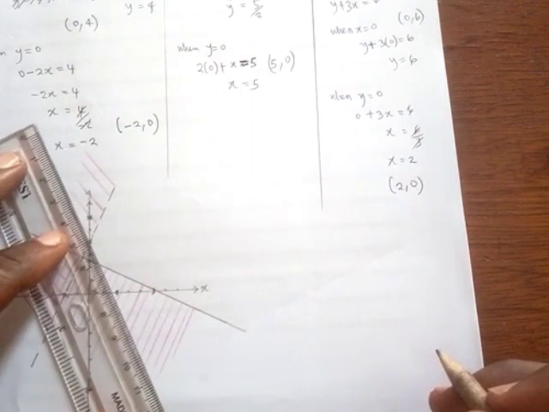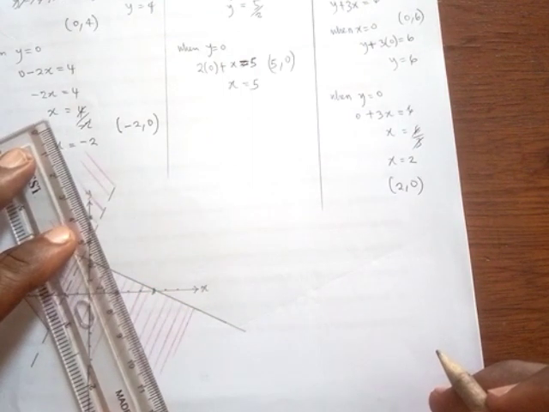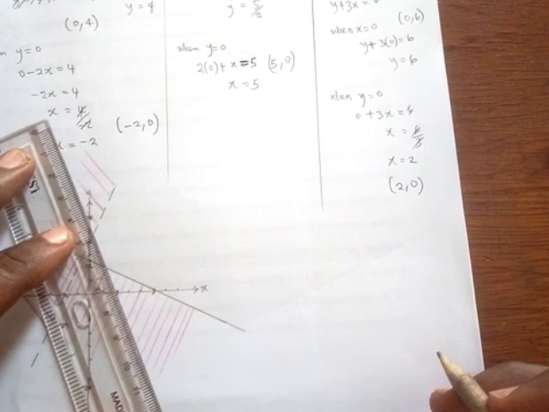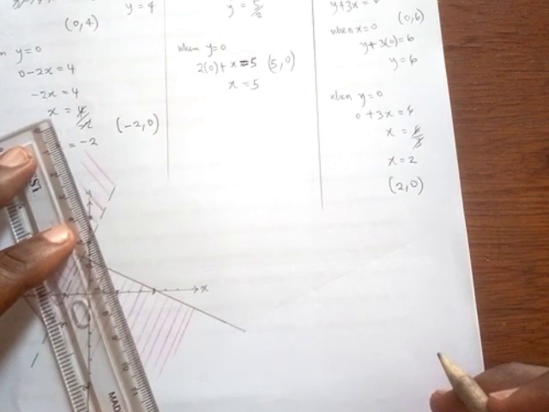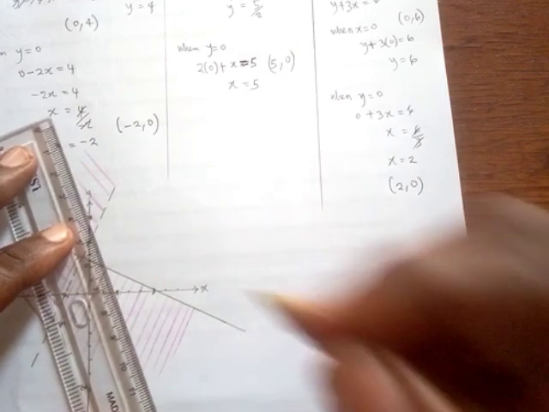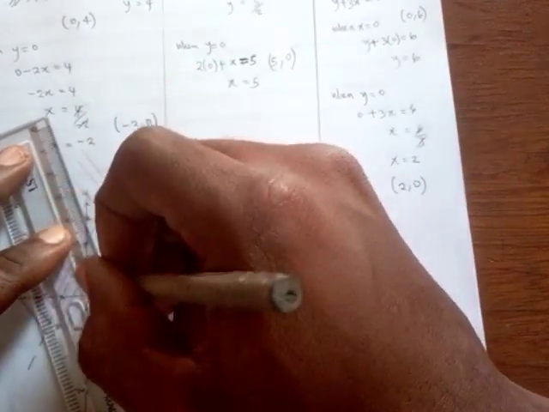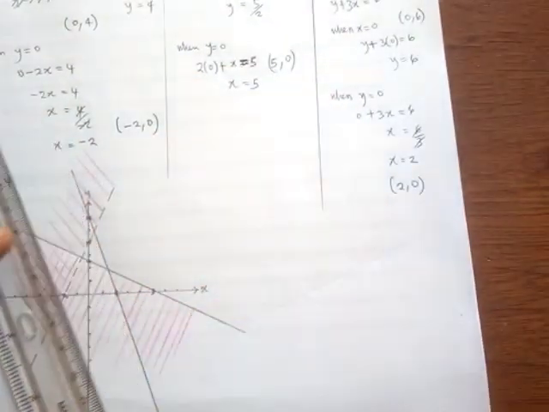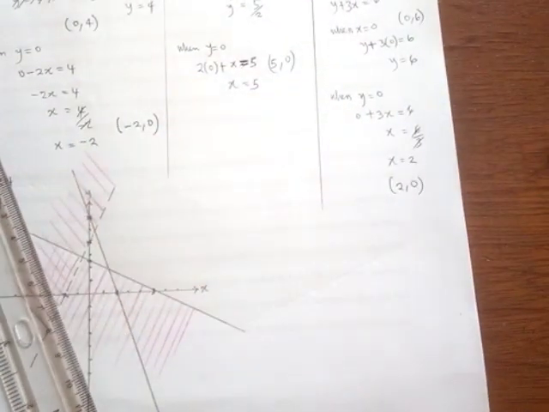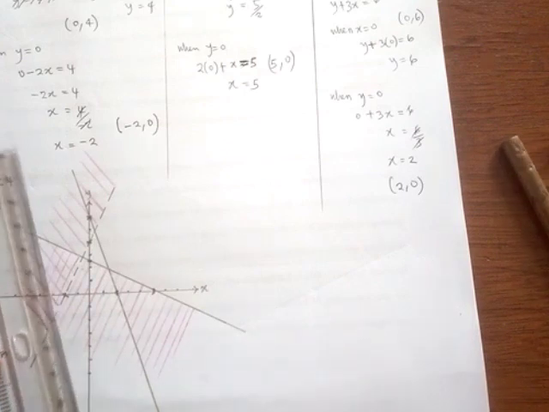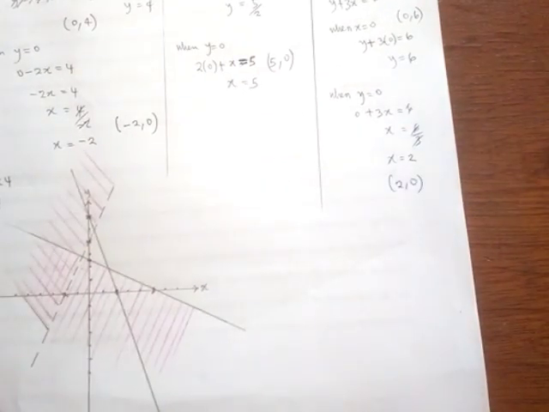So we're going to draw a continuous line that will pass through these 2 points. 0 is less than or equal to 6.